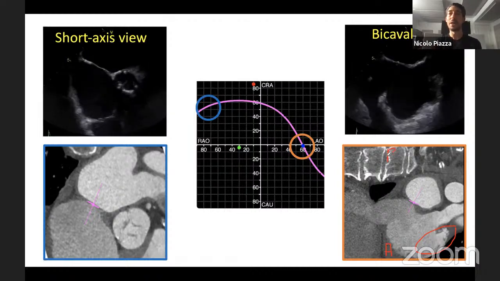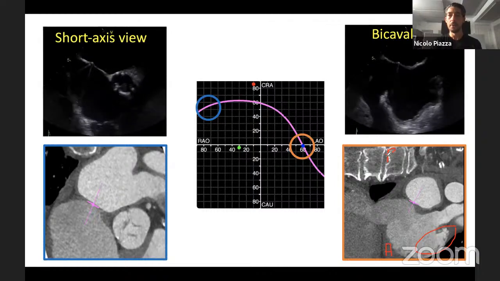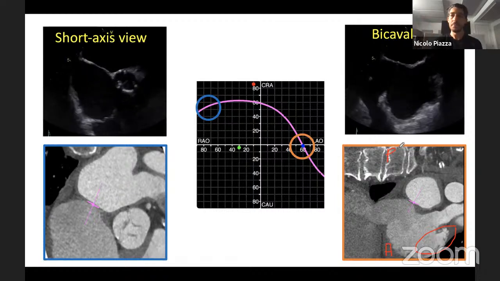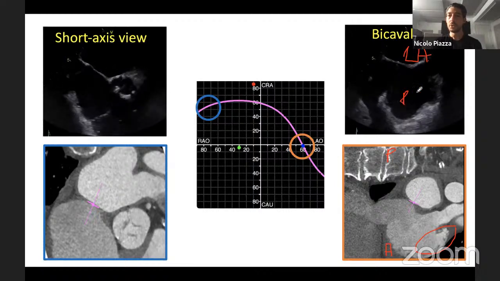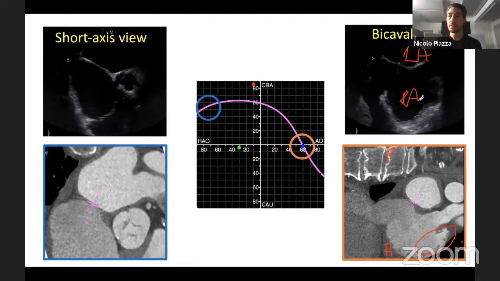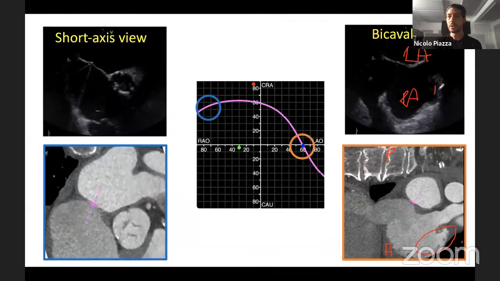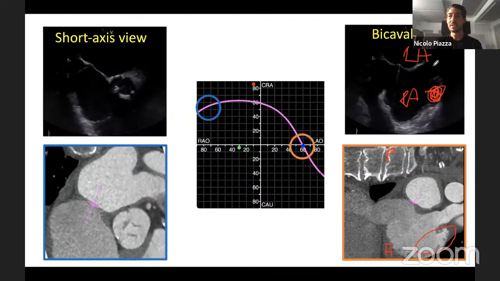We don't see the spine on echo. Okay, of course it makes sense. The left atrium, which is here, is posterior to the right atrium, which is here. Okay, and so this is the right atrial appendage here, and this is the SVC.